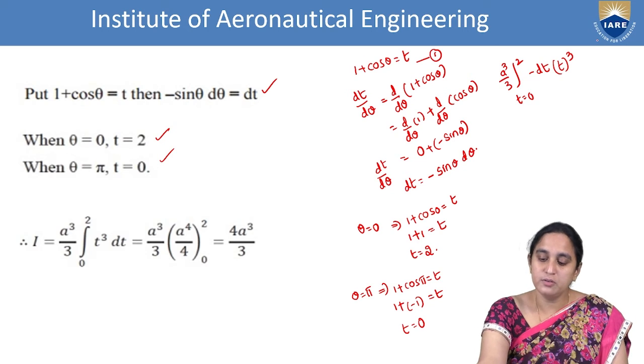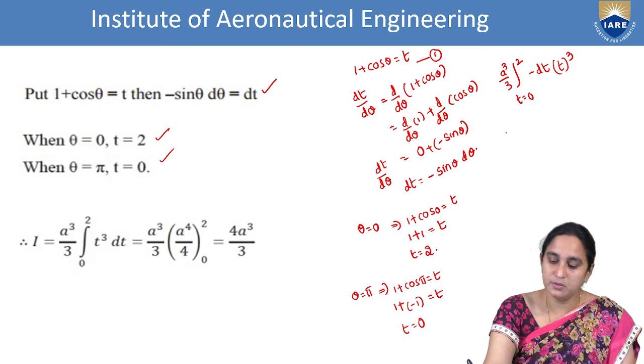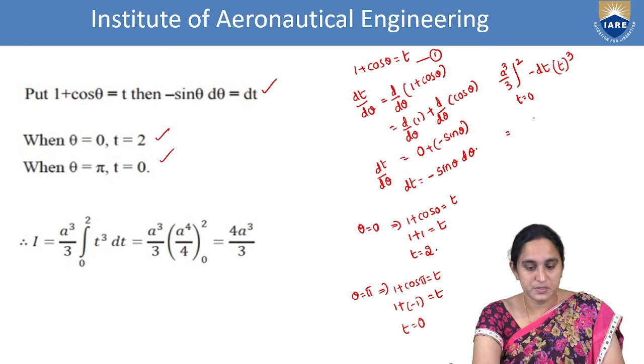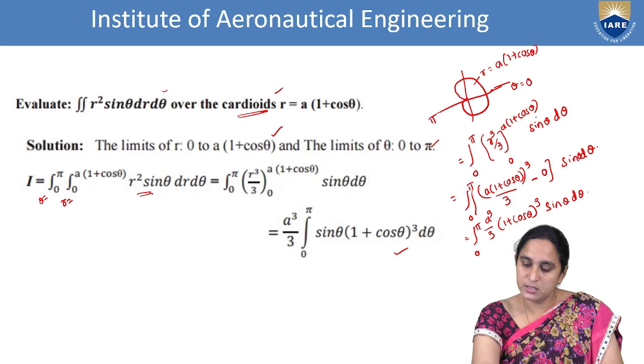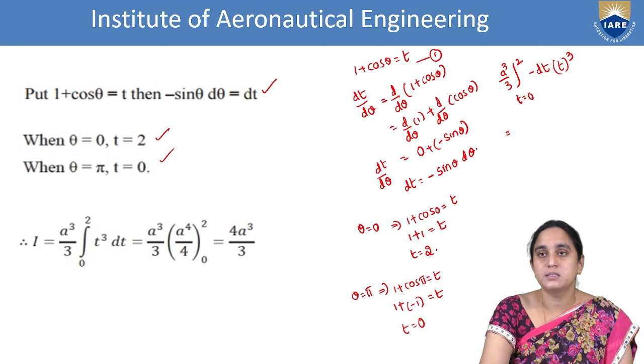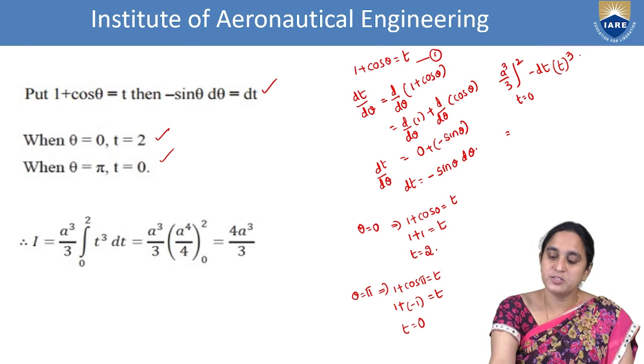So t cube into dt, with the minus, since minus sin theta d theta is dt.